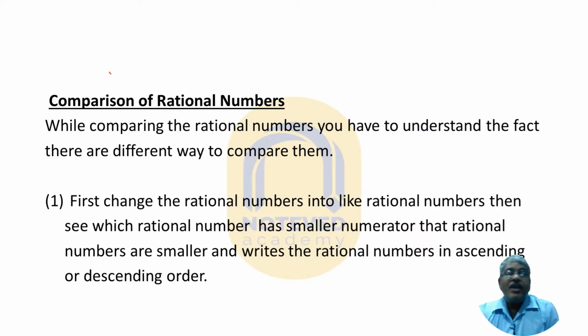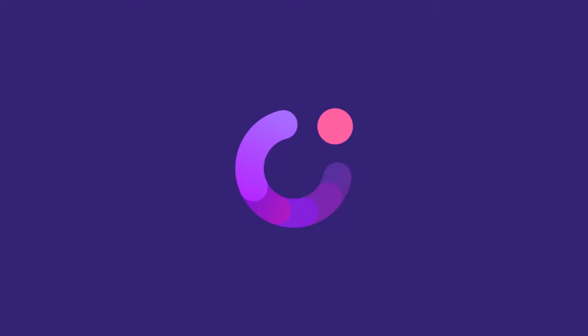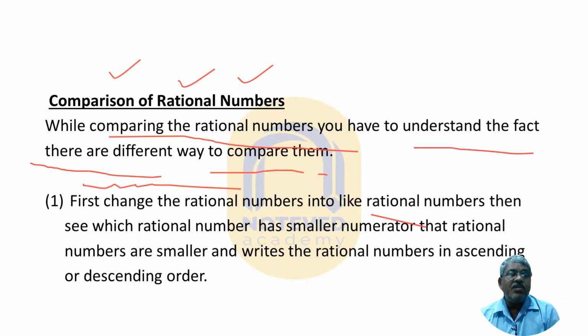Now you see comparison of rational numbers. When you compare two rational numbers, follow the rules. While comparing rational numbers, you have to understand there are different ways to compare them. First, change the rational numbers into like rational numbers, then see which rational number has a smaller numerator.